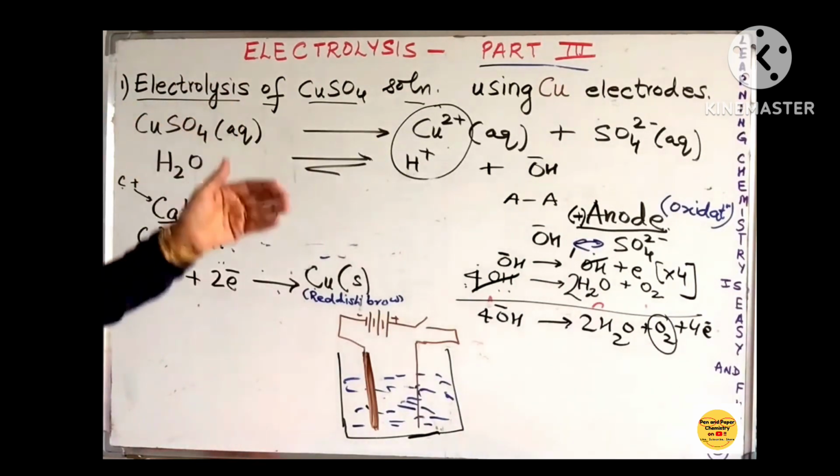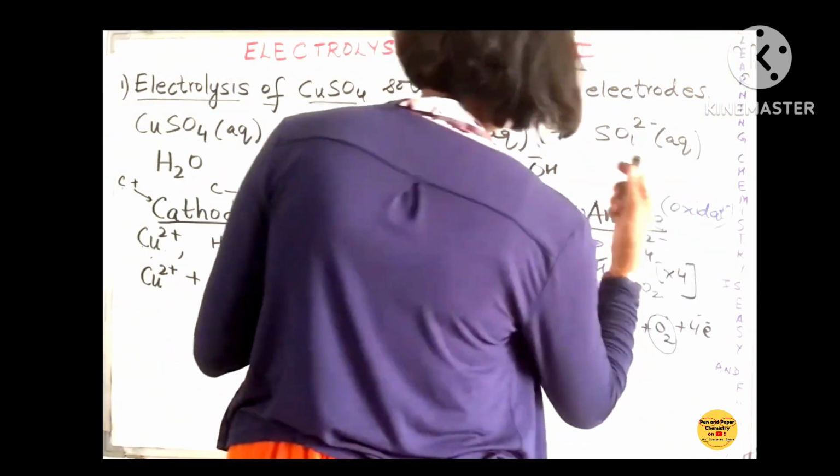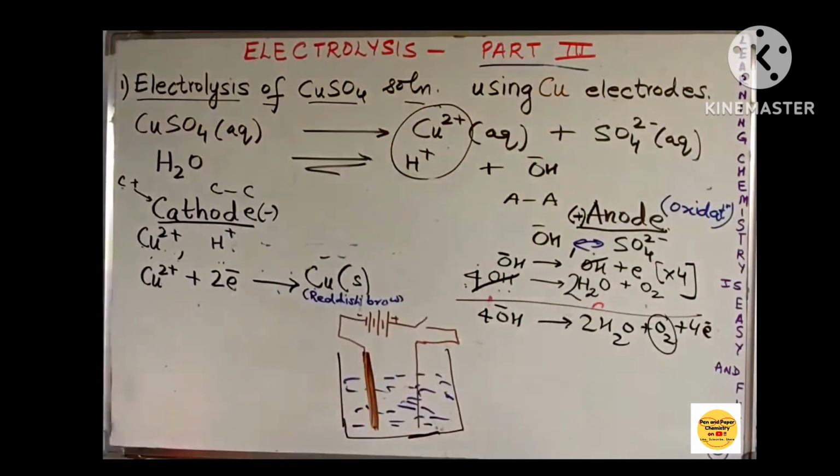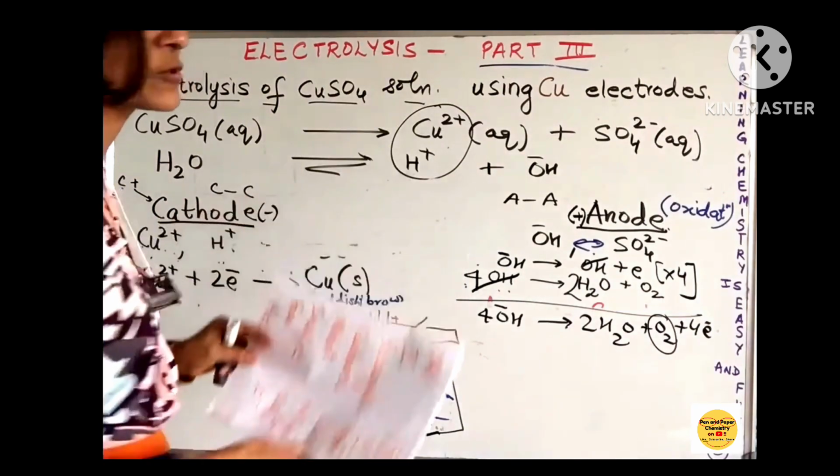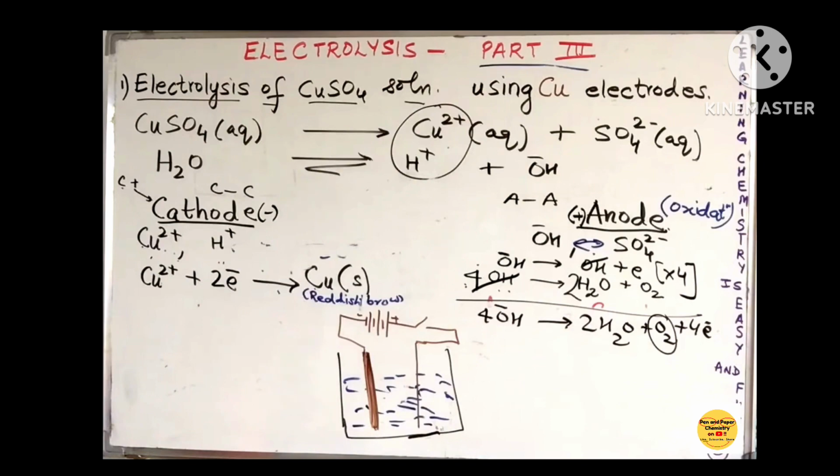Can you try and write the reaction yourself so that we can discuss it further? Try covering the work and try writing the answer yourself. This will build up your confidence also in the topic. Go ahead. Yes, just the initial reaction. Now go on to cathode.